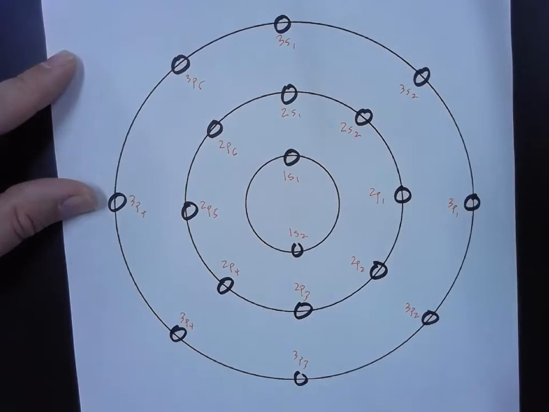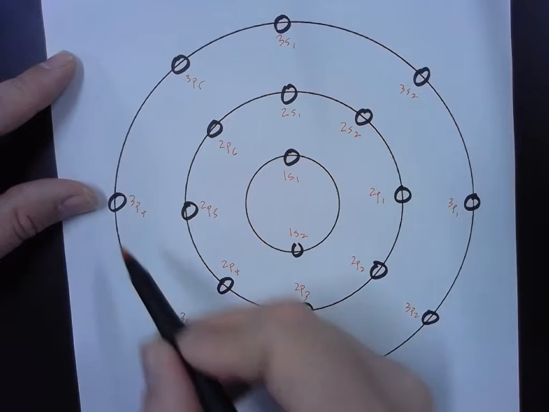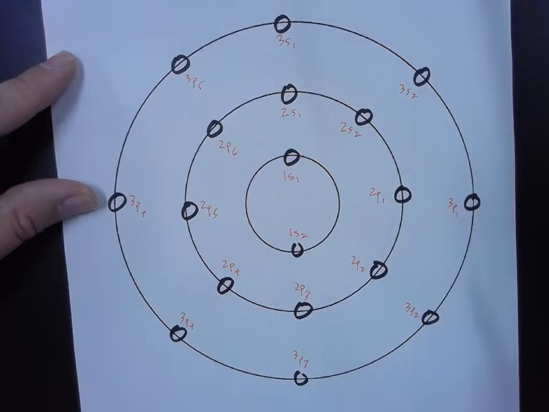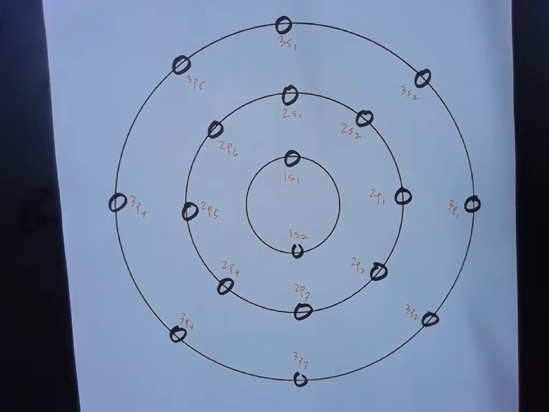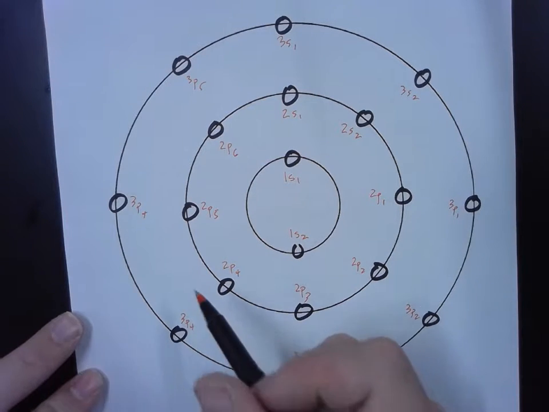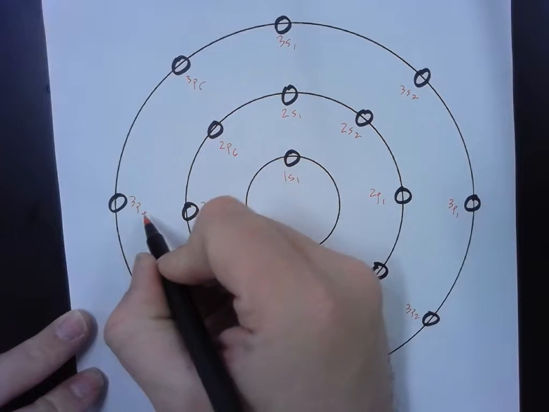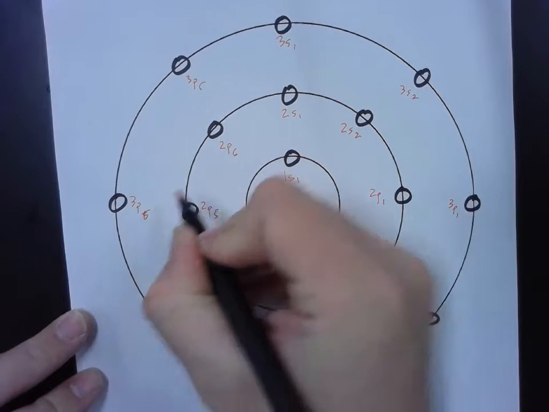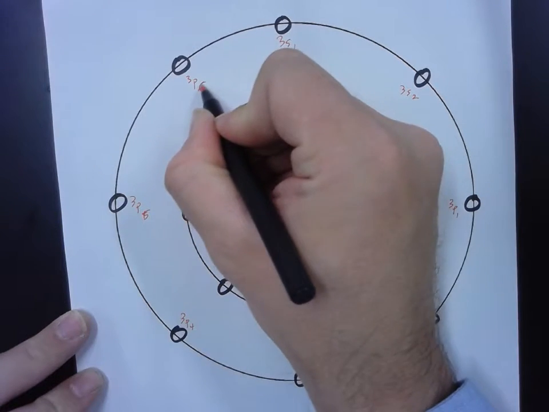P5. I'm missing one, I think. 3S1, 3S2, 3P1, 2, 3, 4, 5. I'm missing one somewhere. That's why right there. I did 3P4 twice. 3P5, 3P6. There you go.